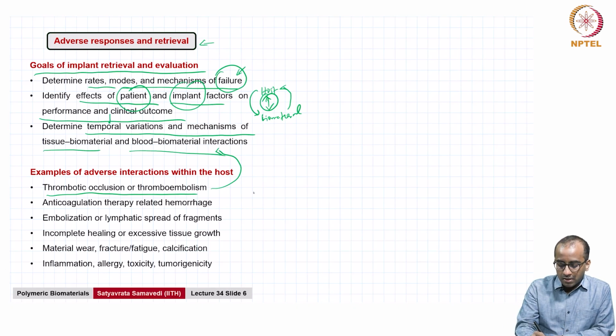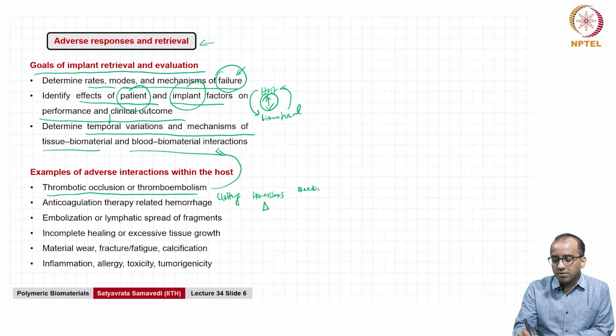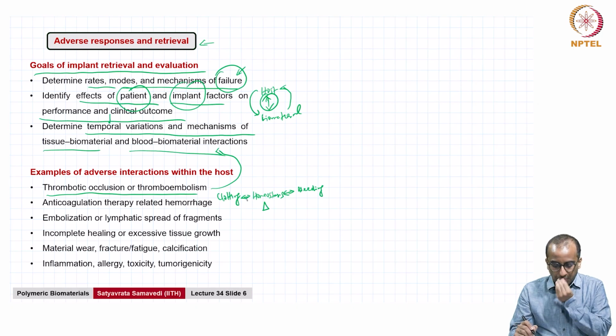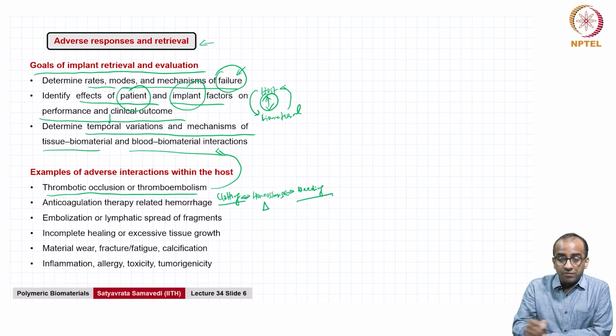And remember that homeostasis is a delicate balance between factors that promote clotting and factors that promote bleeding. So, either of these extremes is bad, right? And here we are looking at the scenario where you have excessive clotting or thrombus formation.